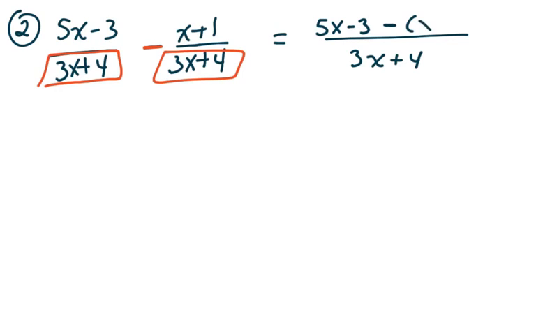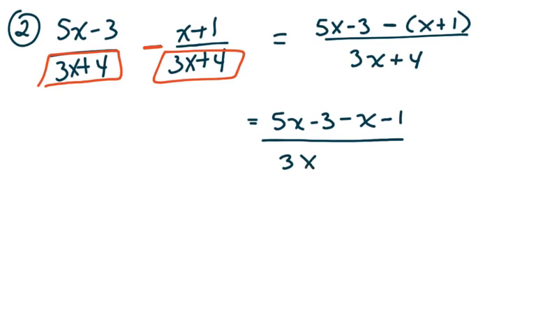But then you're subtracting the entire right side fraction's numerator. So that numerator has to have a distribution of that negative sign. And then you combine like terms, so we have 5x minus x, so that'll be 4x. And then you have minus 3 minus 1, so that's minus 4.